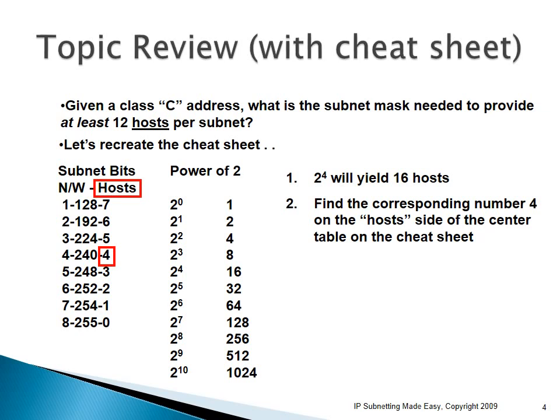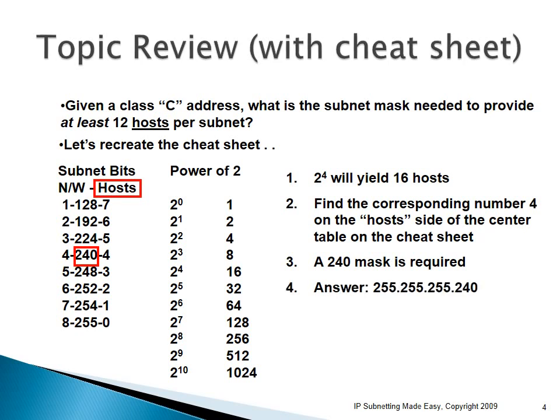Now, we know from the question that it's a Class C address, so the mask is going to be 255.255.255.something. By using the cheat sheet, we find that something is 240. Therefore, the answer is 255.255.255.240.